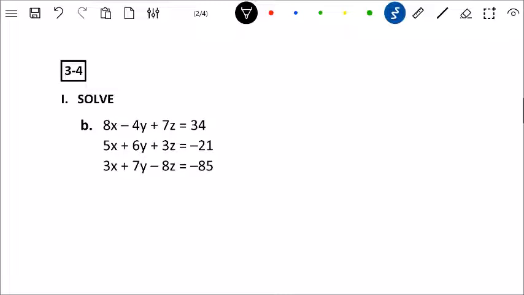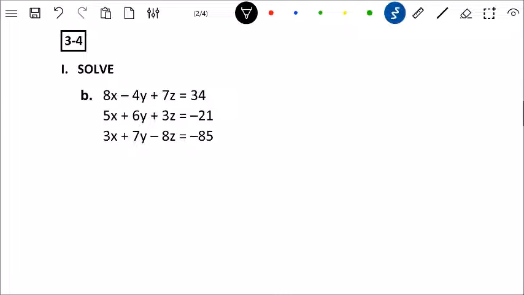It just comes down to which of the variables we want to get rid of. Okay, and it can be any one of them. In fact, I will not choose x in this case on purpose. So we're going to identify first which variable to eliminate.